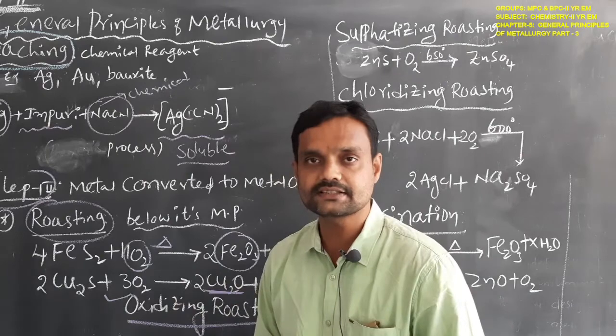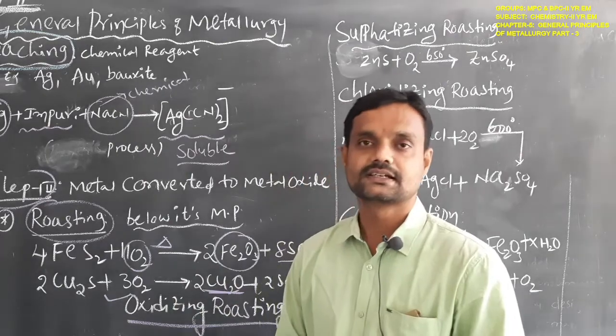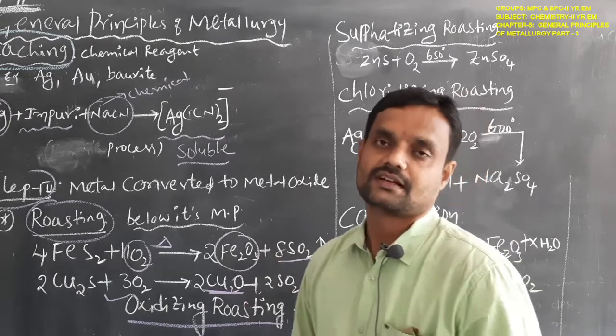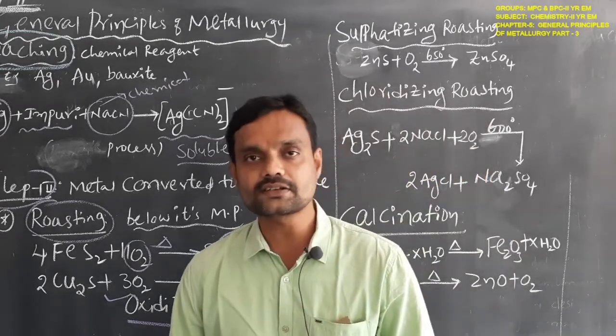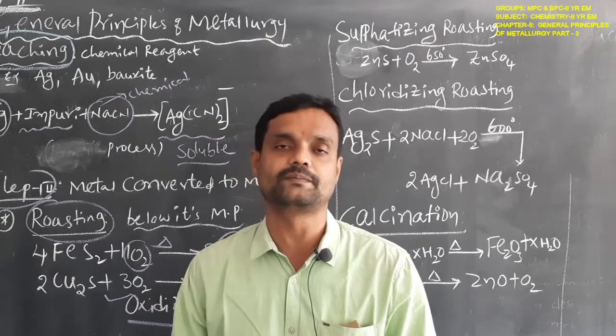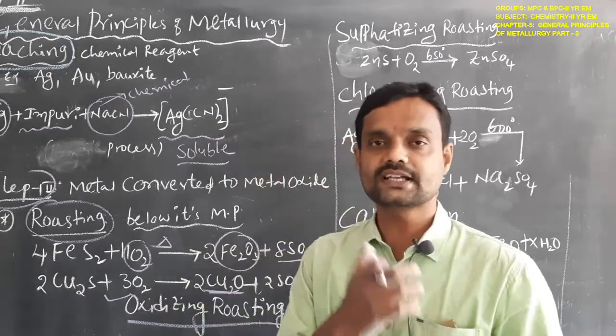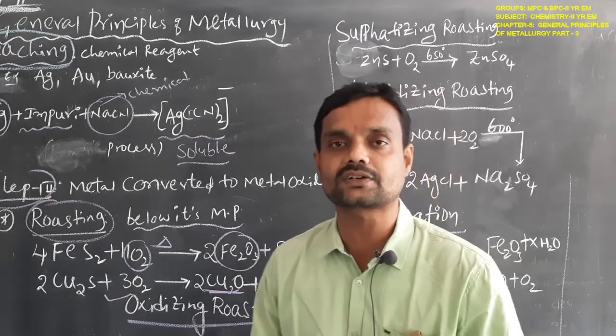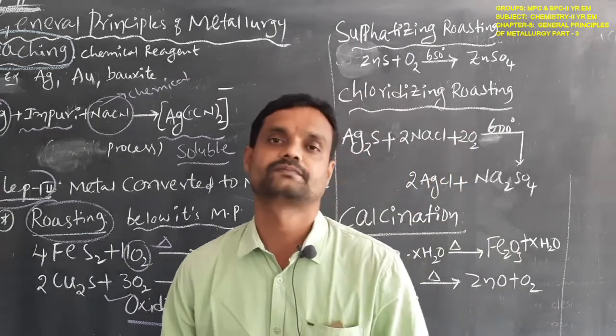Oxidizing roasting means during the roasting process, the ore is converted to its oxide form. Sulfatizing roasting means the ore is converted to its sulfate form. Chloridizing roasting means the ore is converted to its chloride form.